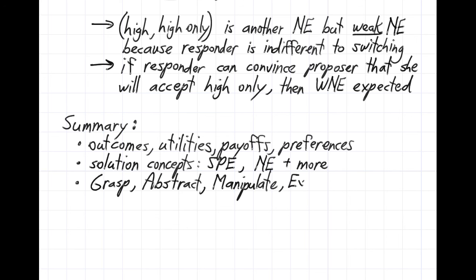And finally, you want to take the results from the solution concept and apply it back to explain what's going to happen in the real scenario that you've come up with. And altogether, those 4 steps are GAME.